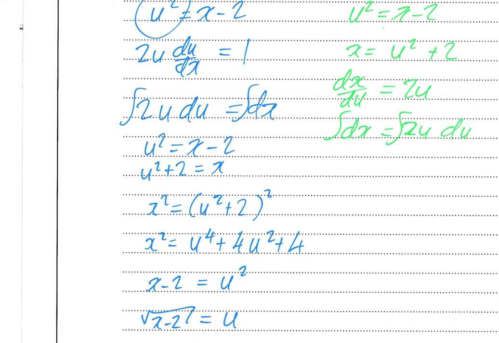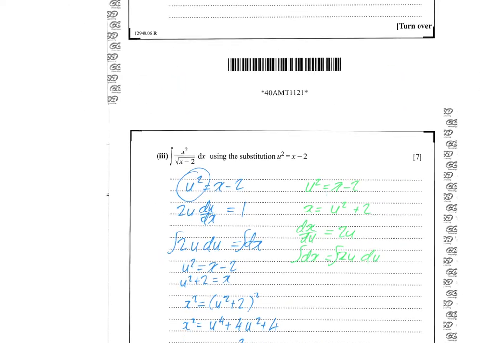So let's just recap on what we've done. We have changed our integration sign and our dx to the integration sign 2u du. We've changed our x squared, we've got it now in terms of u, and we've worked out that the square root of x minus 2 is just u.